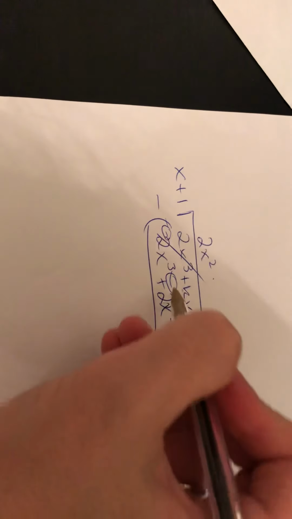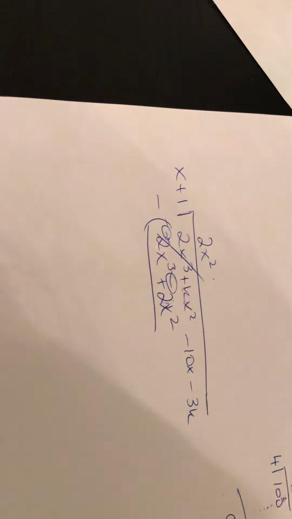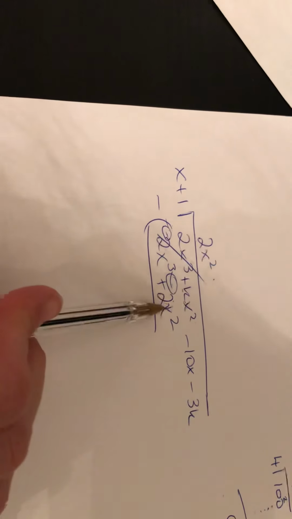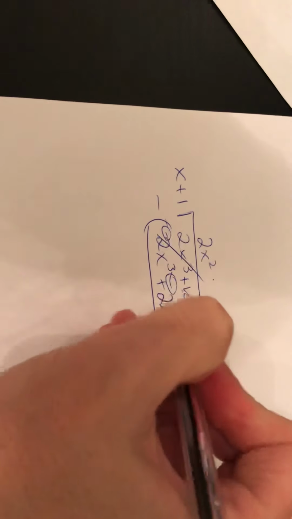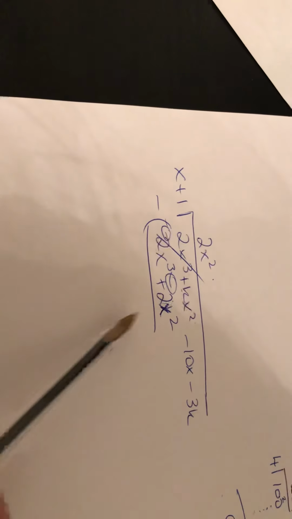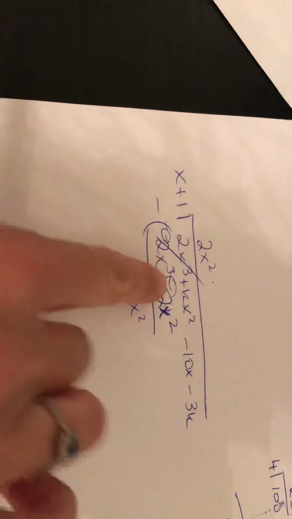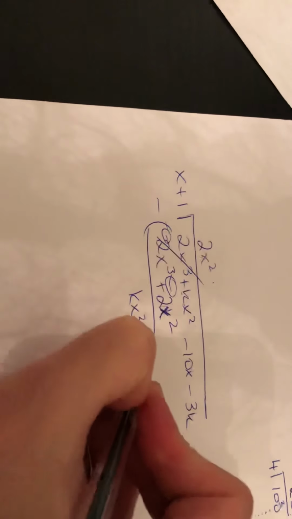A kx squared minus a 2x squared. If I knew that was a 6x squared, it'd be 6x squared minus 2x squared, that's 4x squared. But I don't know what that value is, so the best I can do is say it's a kx squared, and if I knew what it was, I'd subtract 2x squared from it.